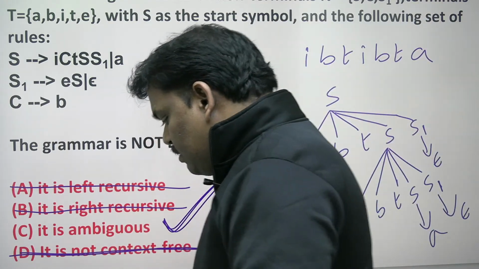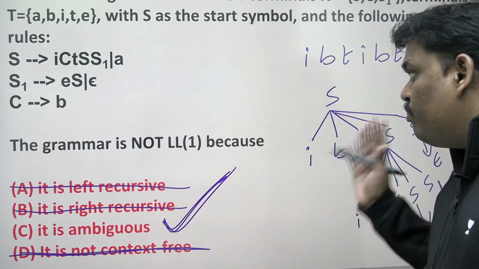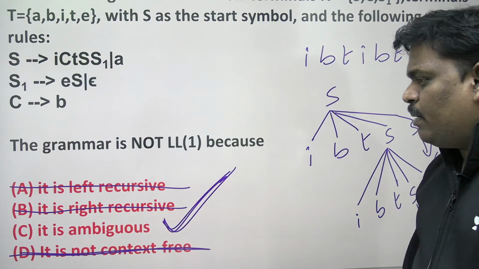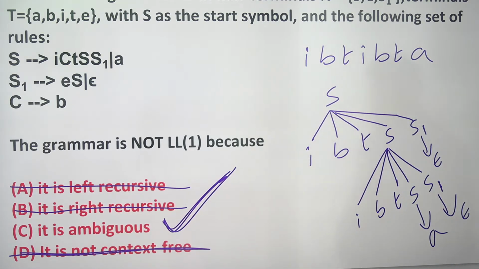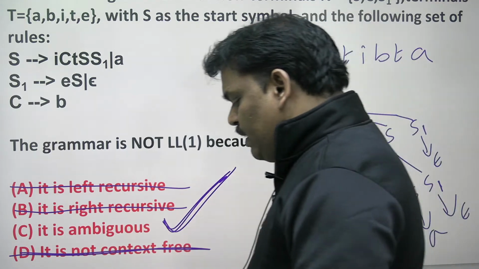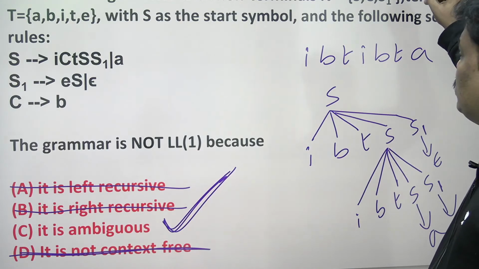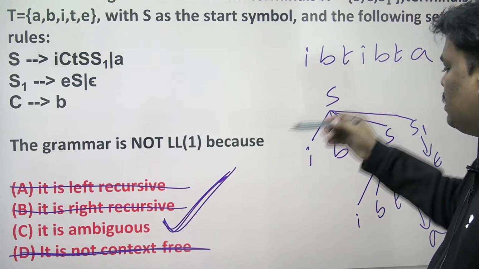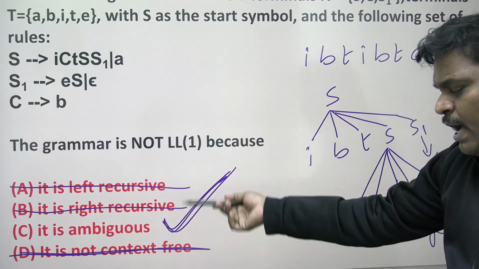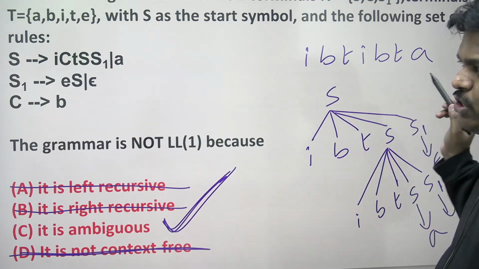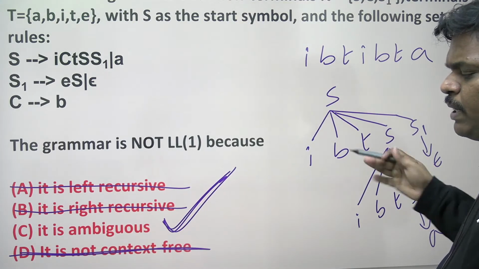Can anyone guess? This is the ambiguous grammar. Can you give one string where multiple trees are possible? It's a very, very famous grammar. If anyone says this is not LL1, the reason is ambiguity, because there is no relation with the other options.